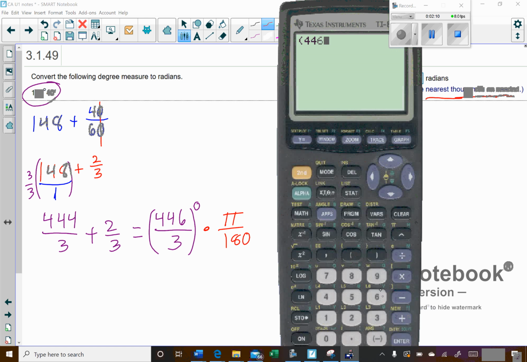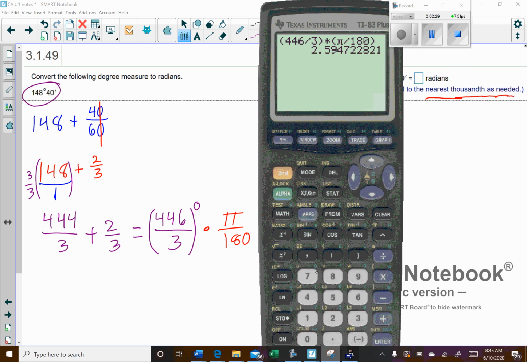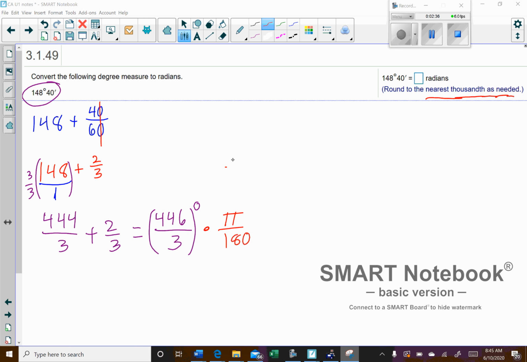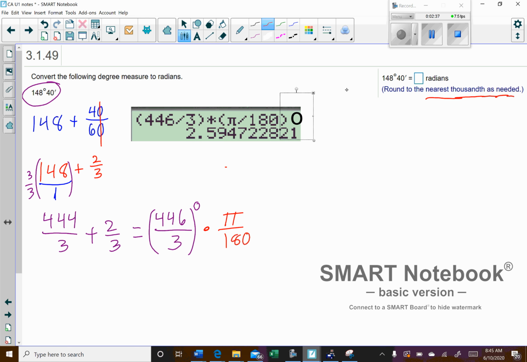Parentheses 446 divided by 3, and then we're going to multiply that by pi divided by 180. And let's see what we get. So this is what we get here. I'm going to go ahead and take a little snapshot of that. Okay, so there's what I get from my calculator right there.